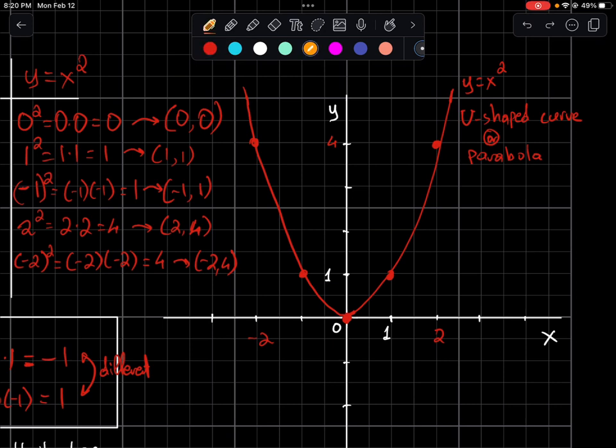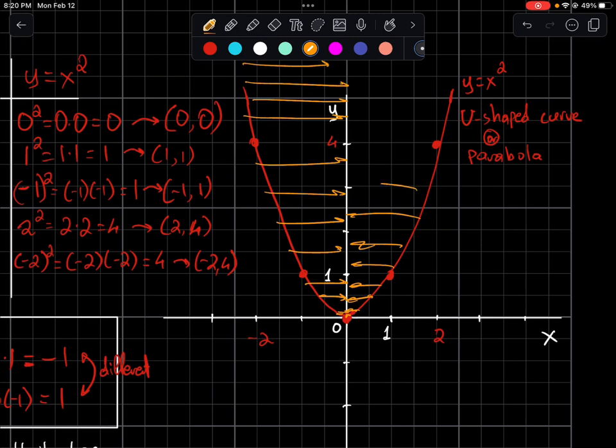Okay, let's project. To find all the y-coordinates, we project on the y-axis, and we go like that, and we see that we keep going forever. Now we start from the bottom point that projects at 0, the same thing from all directions. When I say all directions, I mean left and right.